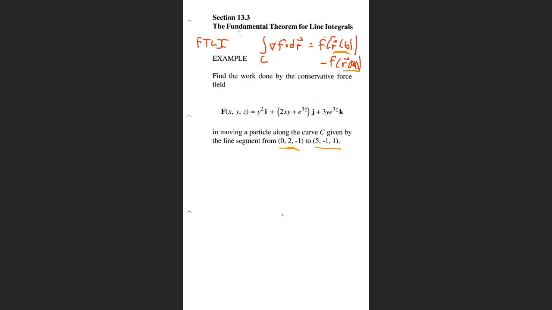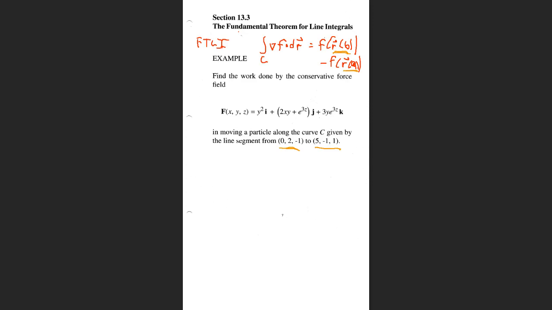Since the vector field is conservative, we can find a potential function. And again, what is a potential function? It's a function such that the gradient of that function is equal to the vector field. Let me go back for one moment.